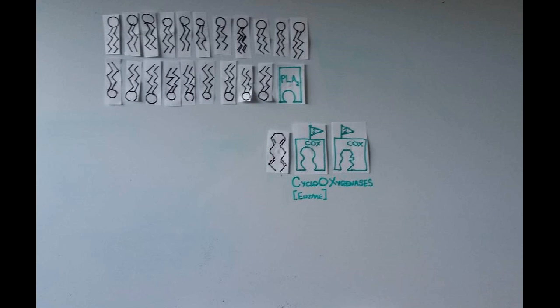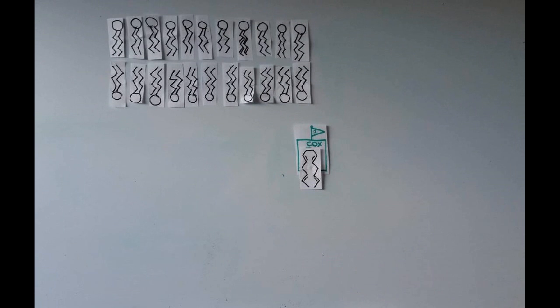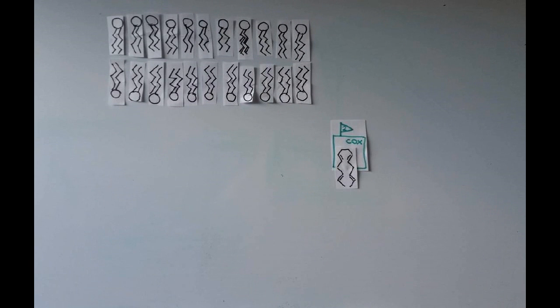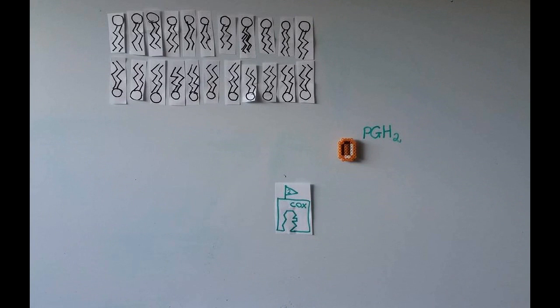There are two cyclooxygenase, or COX, enzymes available, COX-1 and COX-2. Both have the ability to react with free arachidonic acid. The COX enzymes produce the prostaglandin intermediate PGH2 and then move on to find more arachidonic acid.